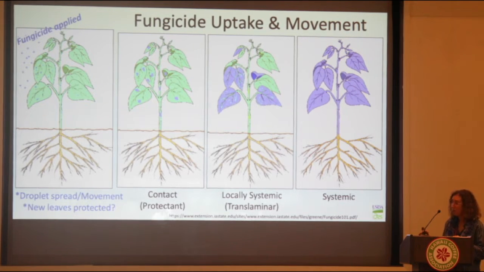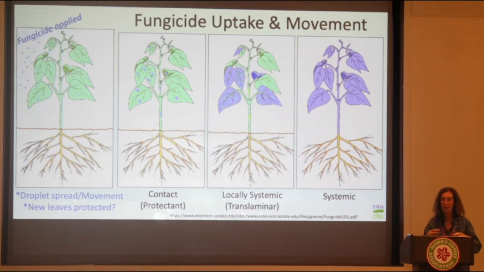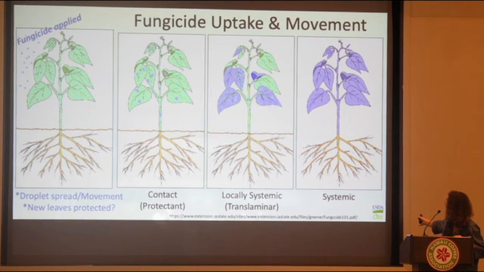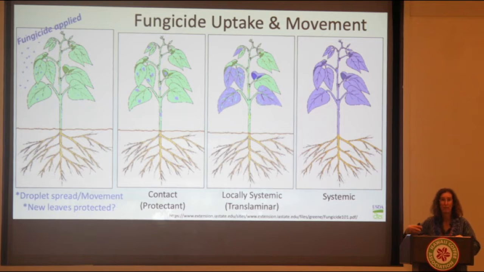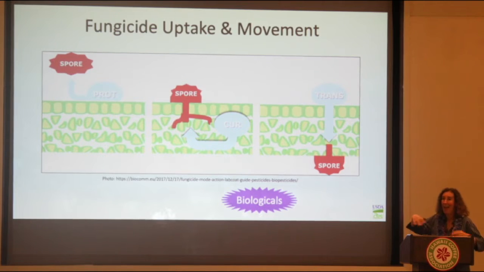Okay, so the middle picture is the local systemic, or the translaminar. It definitely gets good coverage of whatever leaf it hits, but it does not offer protection for the new leaf material. And the true systemic here on the right, you see full movement going up and down the plant, including into the new leaf material. Just to reiterate, the protectant has to be where the spore lands.